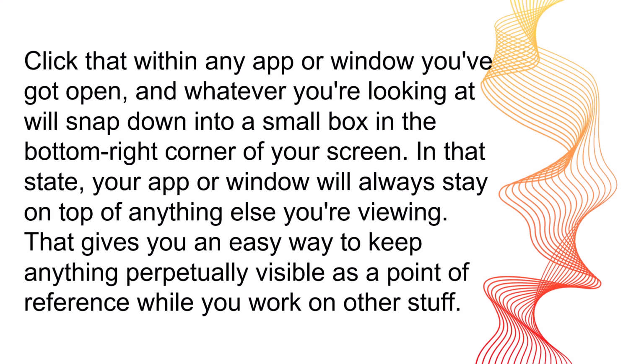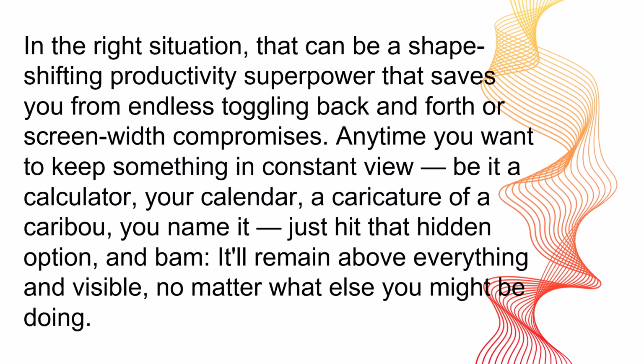That gives you an easy way to keep anything perpetually visible as a point of reference while you work on other stuff. In the right situation, that can be a shape-shifting productivity superpower that saves you from endless toggling back and forth or screen width compromises.